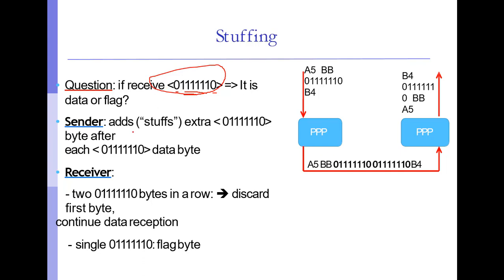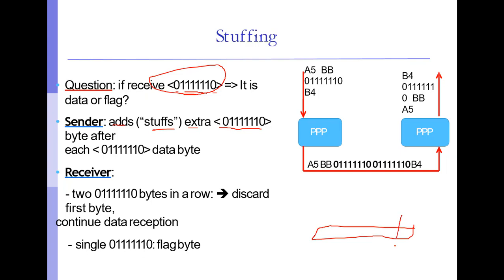So the sender adds stuff bits, extra bits, after each byte, so that you can understand that this is not data, this is actually a flag. Let's say the transmitter is sending 10 packets mixed together, but it wants the receiver to know that these are 10 different packets.